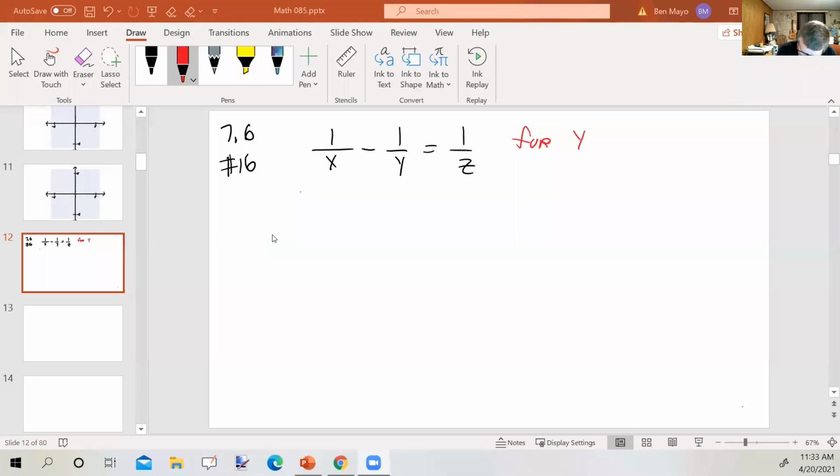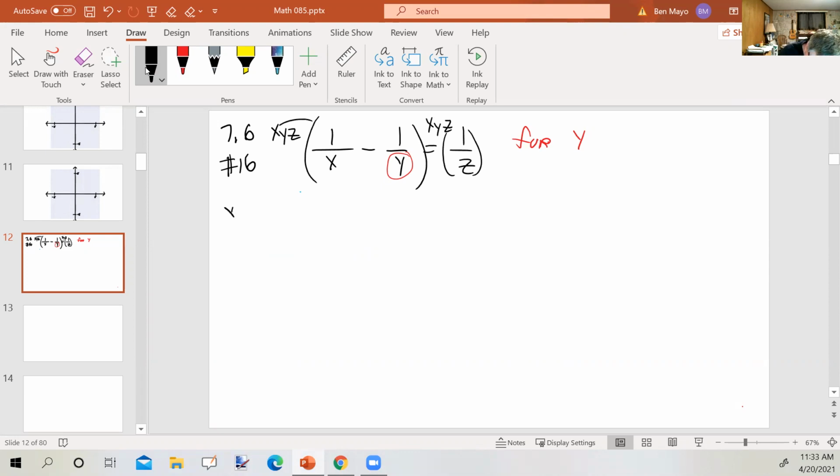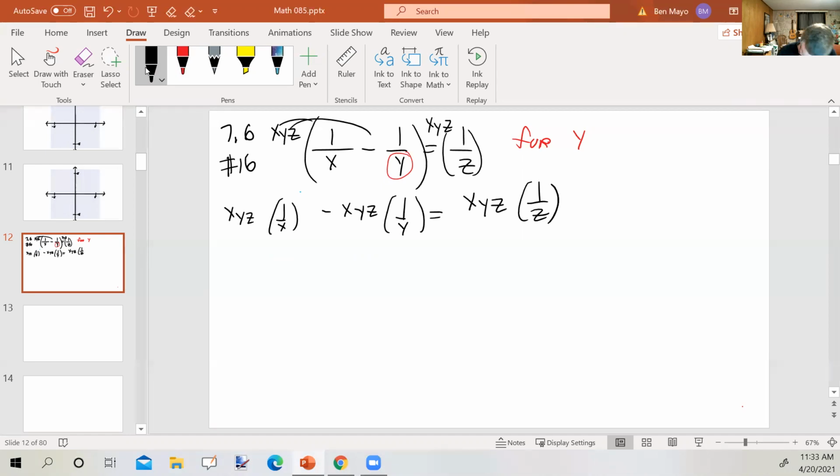So y is in the denominator. What I'm going to do is multiply both sides of the equation by the LCD, which would be xyz. Okay, so distributing, I'm going to get xyz times 1 over x minus xyz times 1 over y equals xyz times 1 over z.